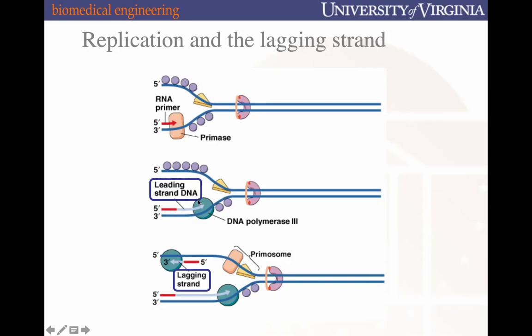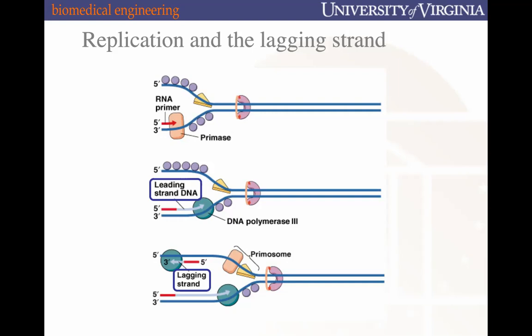But this is happening on both strands. This is happening on this bottom strand as well as on the top strand. What's important to note is that the helicase, as indicated by this triangular prism on the DNA strand, is driving further into the DNA strand and opening up, extending the replication fork and creating more and more space for DNA polymerase to continue elongating and replicating and creating a daughter strand.